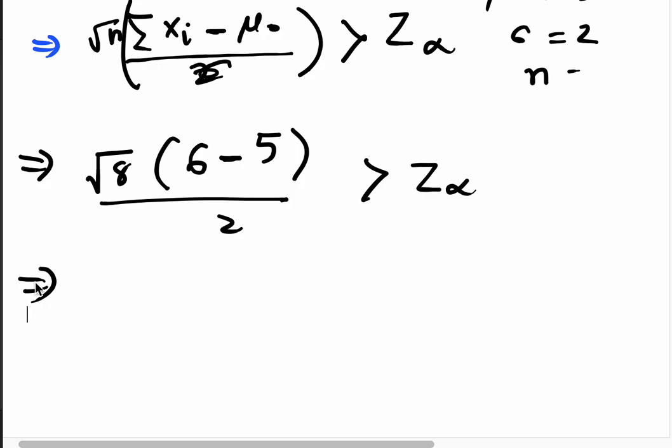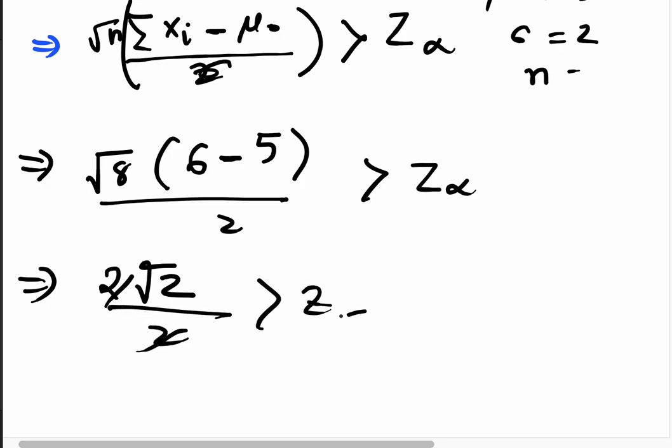Now let's first check. This will be 2 root 2 by 2, so root 2 means 1.414 z alpha.